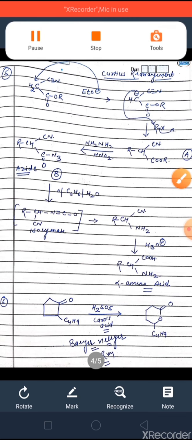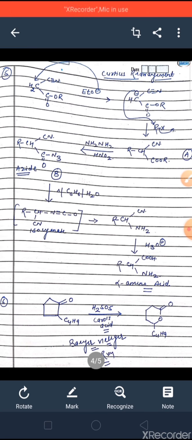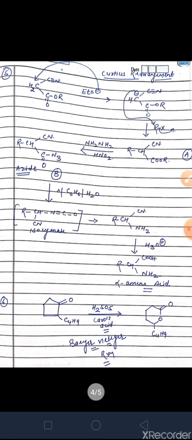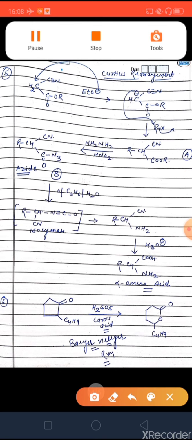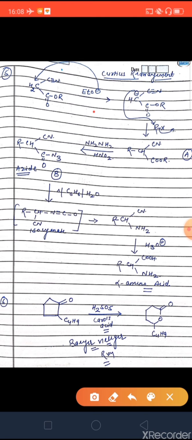Now come to question number 5 of assignment number 7. If I am particularly talking about this reaction, this is an application of the Curtius rearrangement reaction in which we get an alpha amino acid. And how has the alpha amino acid been synthesized? It is synthesized from a sequence of reactions in which the base attacks this particular compound, which contains an active methylene group, from which the acidic proton will be eliminated.